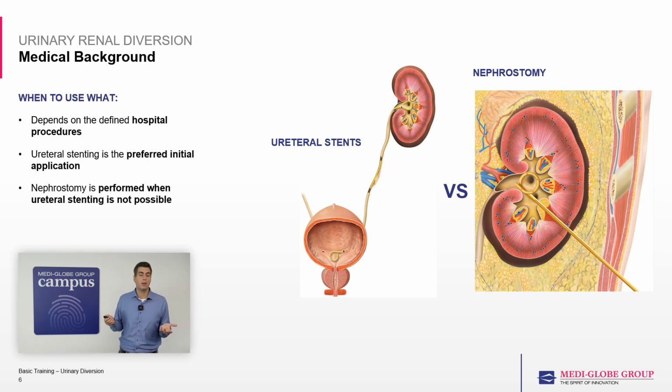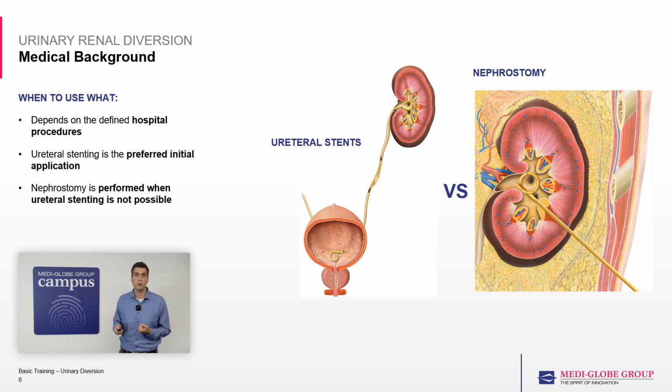When is what used? At the end of the day, both are needed to help with the urinary retention in the kidney, but it's mostly dependent on the defined procedures inside of the hospital and also the preferred procedures by the doctor.